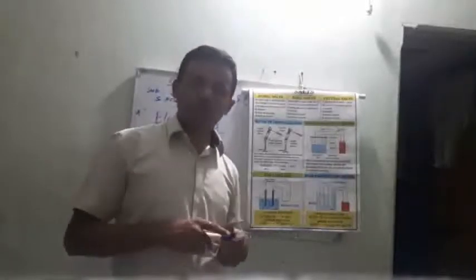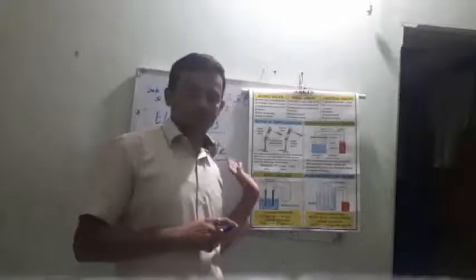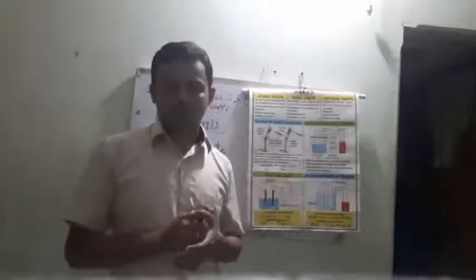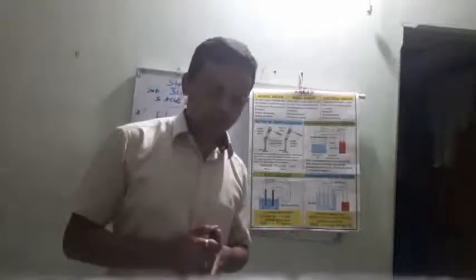So in this way we have to define the concept of electrolysis. Now we have to take one example on electrolysis, that is electrolysis of water. You have to write the point, electrolysis of water.